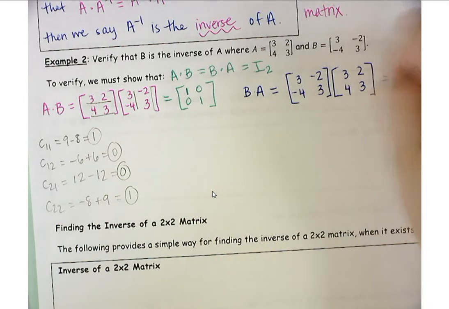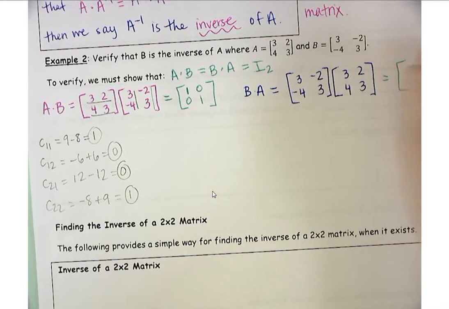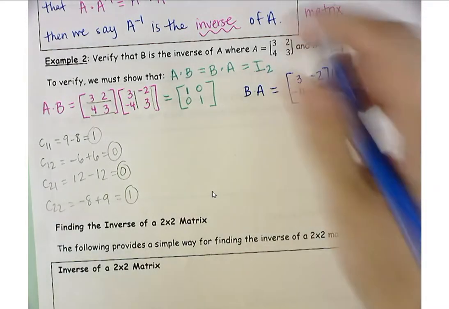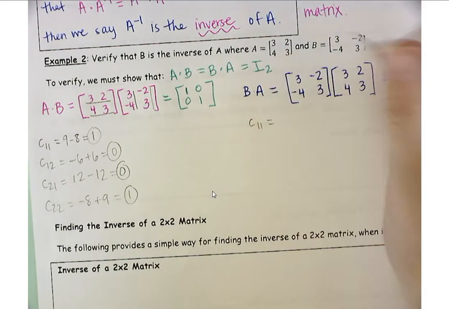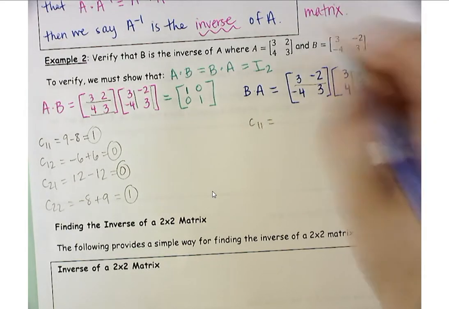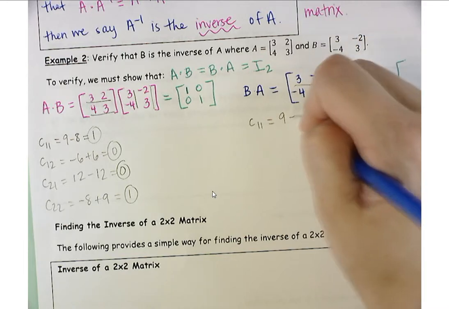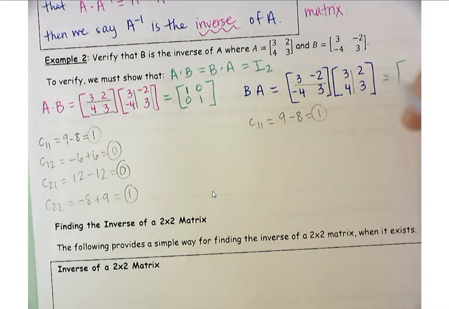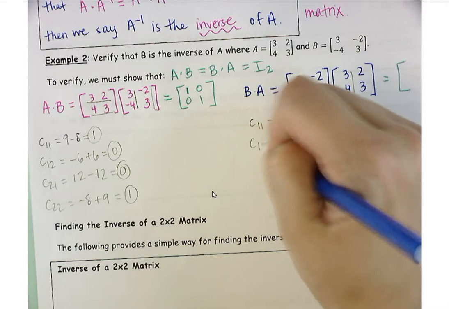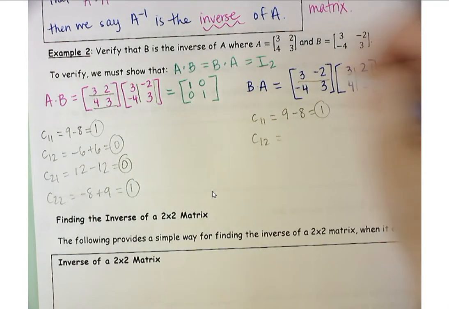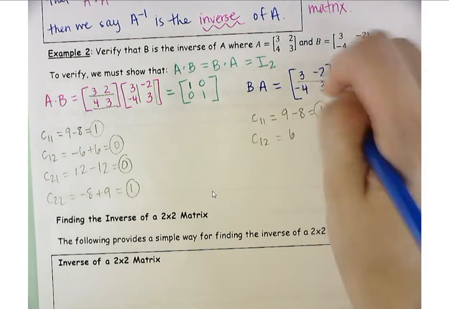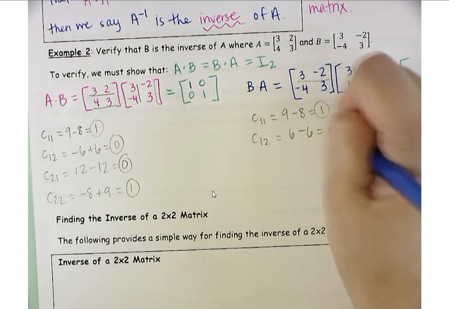Okay, and this is a 2 by 2 and a 2 by 2, so the result is a 2 by 2. So first row, first column: 3 times 3 is 9, negative 2 times 4 is 8. That will give you 1. And then first row, second column, 3 times 2 is 6, negative 2 times 3 is negative 6.